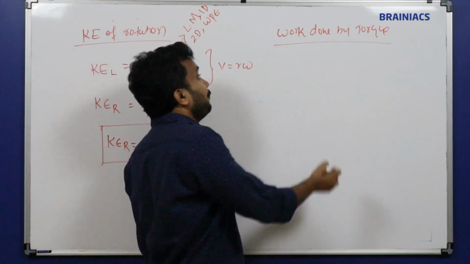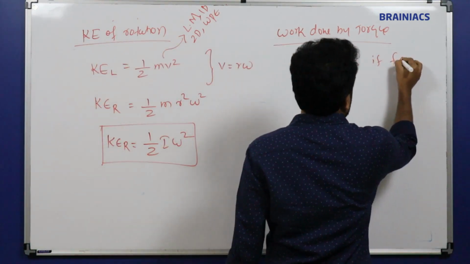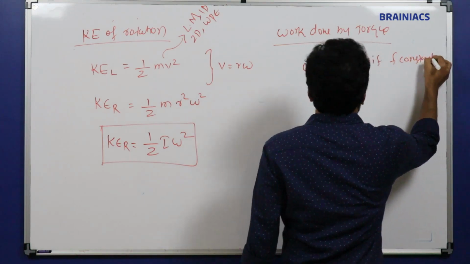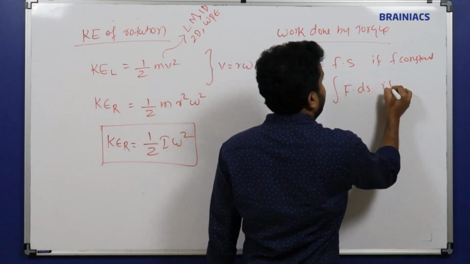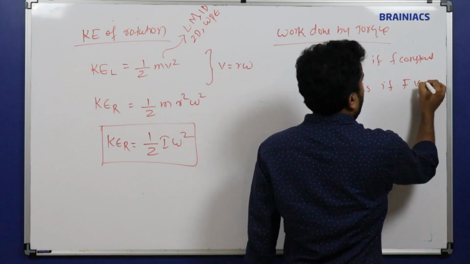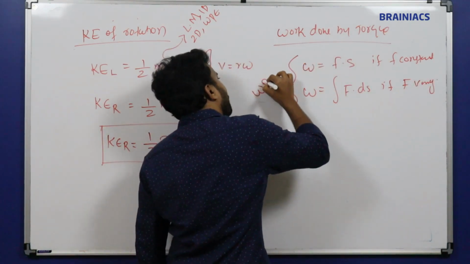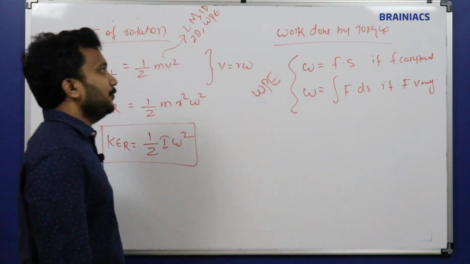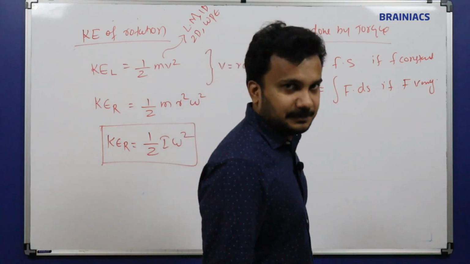Work done by force, W is equal to F dot S if F is constant, or W is equal to integral F ds if F is varying. Where have you learned this? You have learned this in work power energy. Work is equal to force into S. Work is equal to integral F ds.